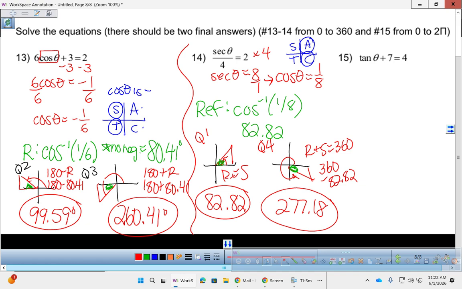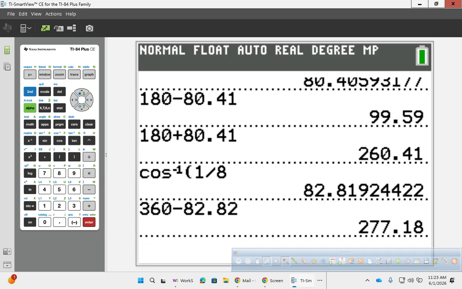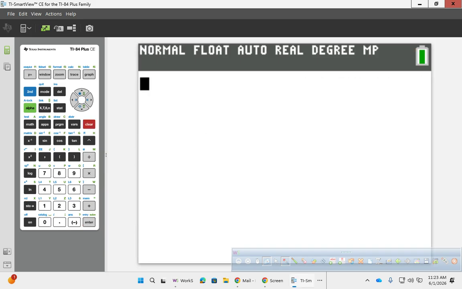Now can we go test taking strategy? If this were a multiple choice question, you're gonna have options, right? All you have to do is, you can't do it for secant, you do it here. Cosine theta is 1/8. So take what option A is. Let's say option A was 82.82.